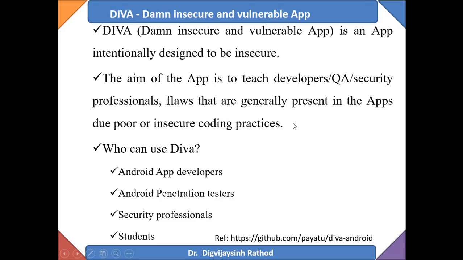So the developer can see the code and understand that they should not make such mistakes. Quality assurance people can understand how they can test the application, so they can enhance their skills.